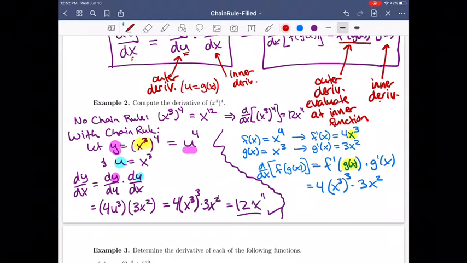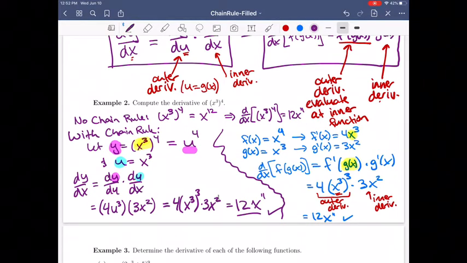The better you get at this, the less you even write all this notation. This is the outer derivative evaluated at the inside bit, and this is the inner derivative. Again, we put these together, it's going to be 12x to the 11, just like we thought.